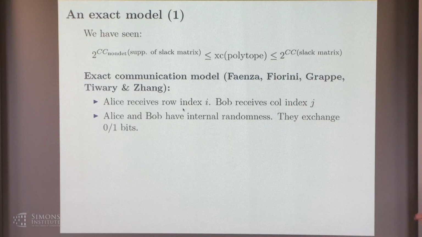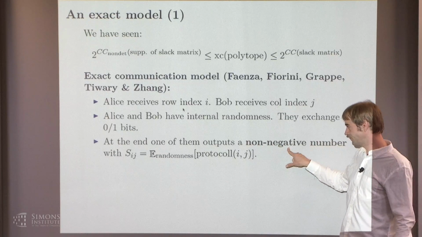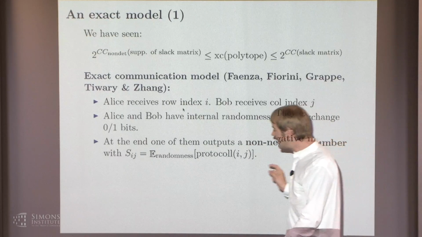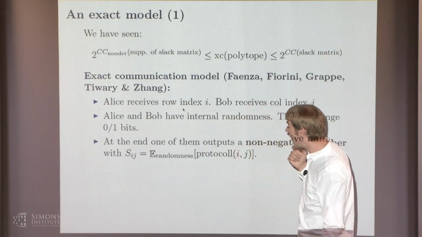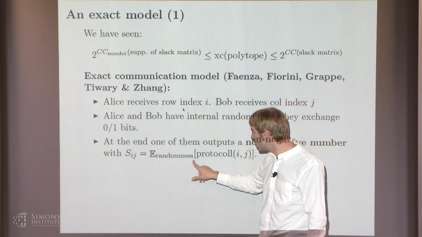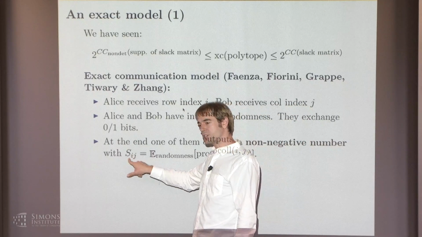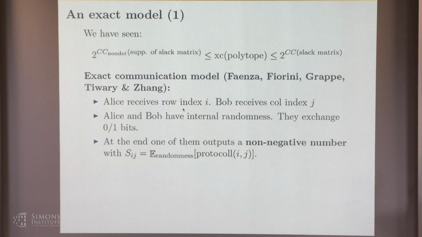They exchange 0-1 bits, and at the end, one of them outputs a number. Imagine one of them writes a number on the whiteboard, and it better be a non-negative number. What they need to do is compute the entry in the slack matrix in expectation, meaning that over the randomness of the protocol, what they output on average should be precisely the value of the slack matrix. And that's the right model.